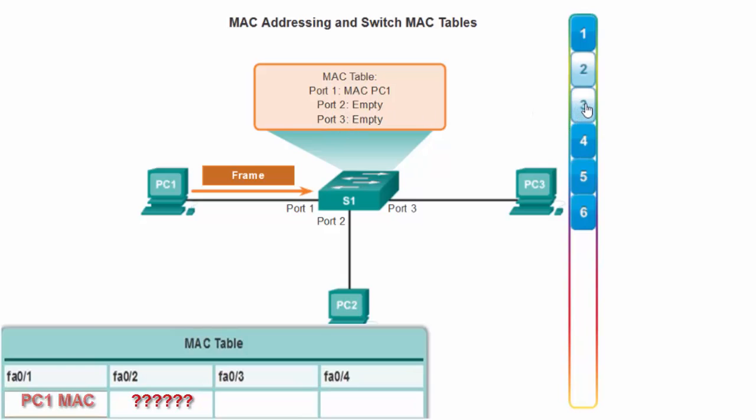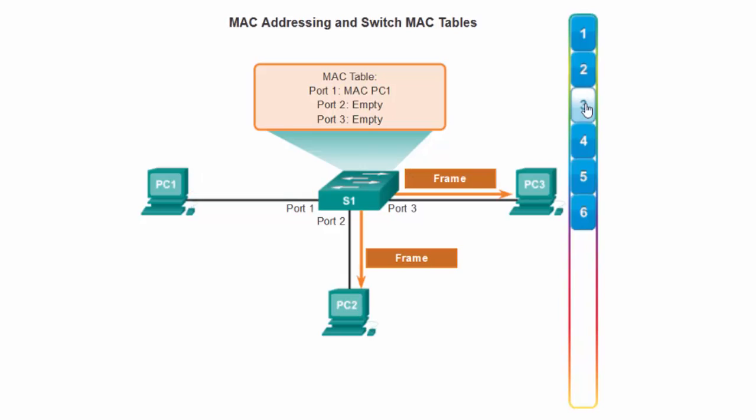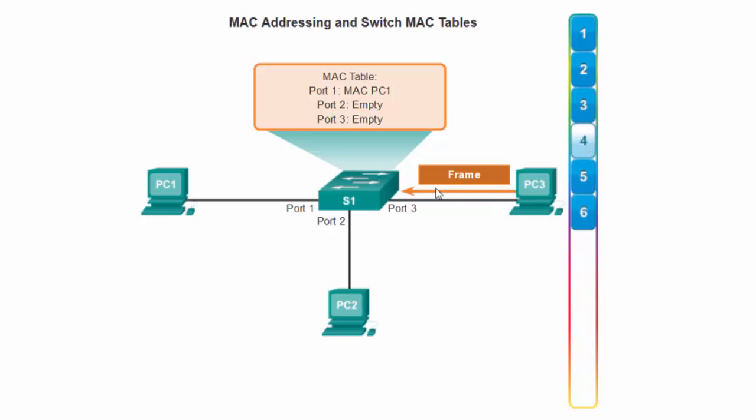In which case, the switch will broadcast the frame on both ports except the port that the frame came from, which is port 1. So the switch will send the frame on all other ports. In step 4, because the frame contains the destination address for PC3, only PC3 will reply back to PC1.